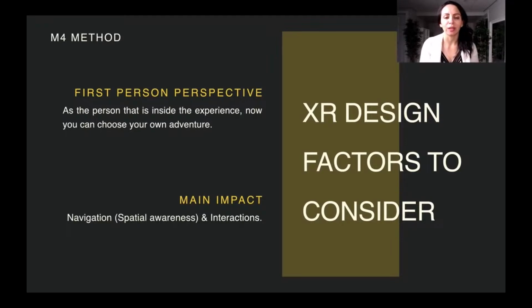Giving the user or the persona the right, and when I say right, this can be very relative, but the idea is that the user has enough freedom to move, to navigate, to choose. This is called agency. So giving agency to the user is absolutely crucial for XR design.